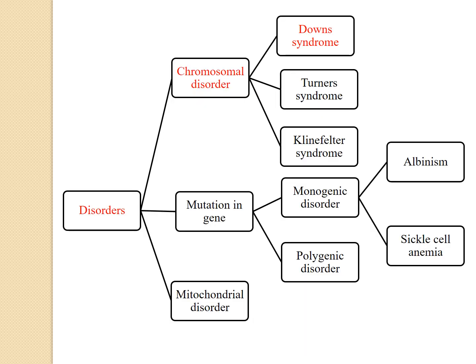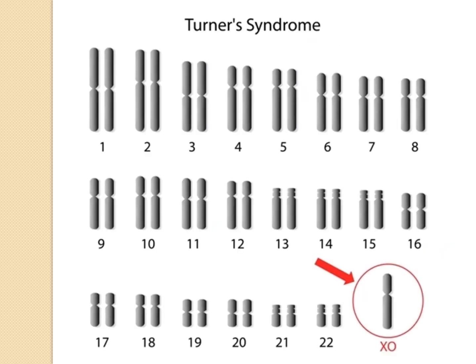Let's go to the next one, Turner's syndrome. Turner's syndrome is a condition which is normally seen in women. When you learn about the female chromosome, a female normally has 44 plus XX.